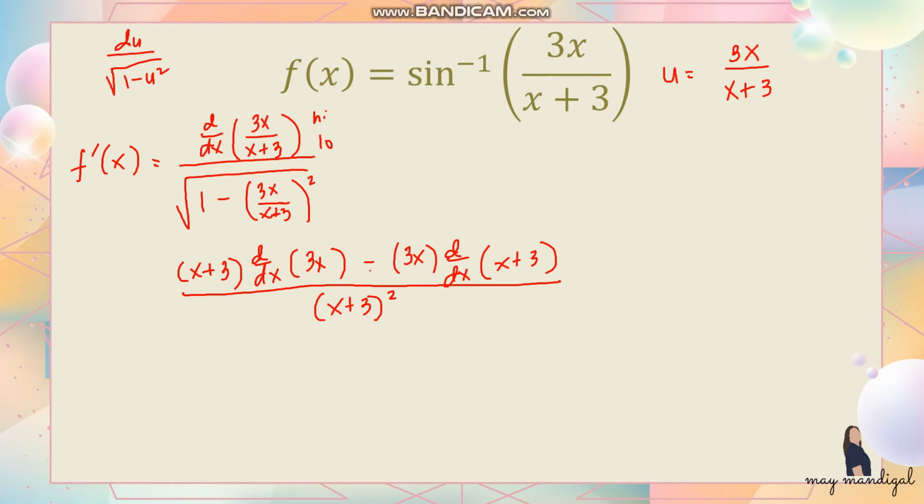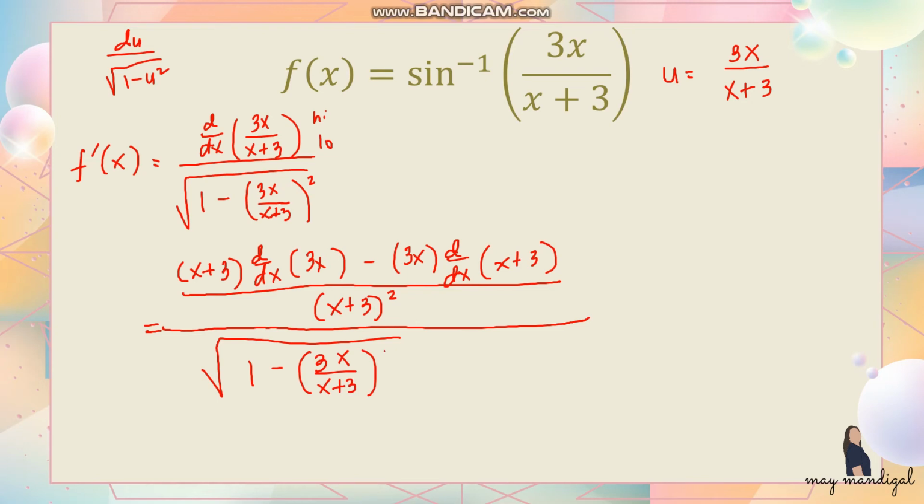So that is for the numerator. And then we still have to write all over the denominator, this one, which is the square root of 1 minus, then we have the 3x over x plus 3 squared. Okay, again, we applied quotient rule in the numerator since the numerator and denominator are separated by division.